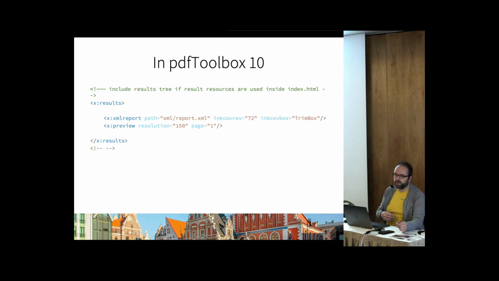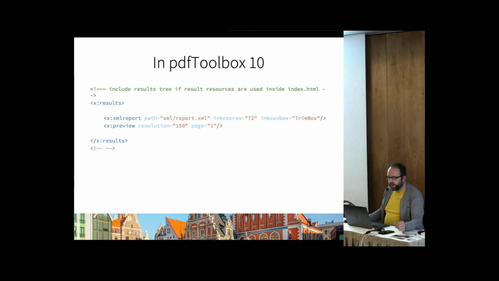If you don't use these things in your report templates, there's no point in generating them in the first place. So in this manifest, if you're not using any of these special features, you can simply delete those lines that you see there under results, and then pdfToolbox is not going to spend the time to generate that stuff.